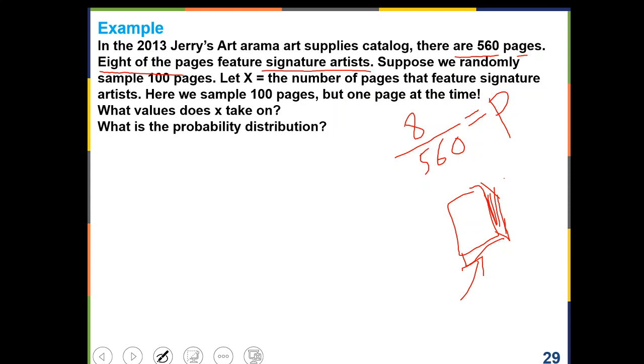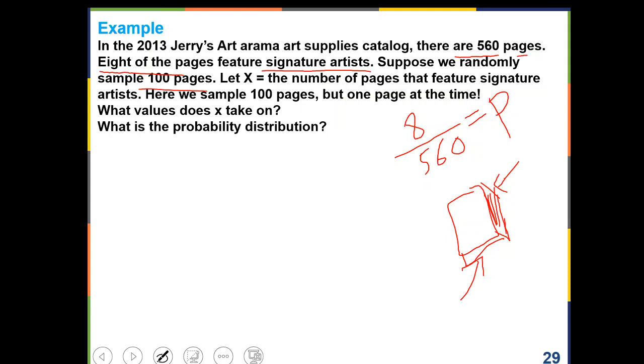So randomly you open some page, right? If you do that 100 times, then X is the number of signature artist pages that you get. Now, is it possible that every time you go to the book 100 times in a row you get a signature artist? Well, probably not.